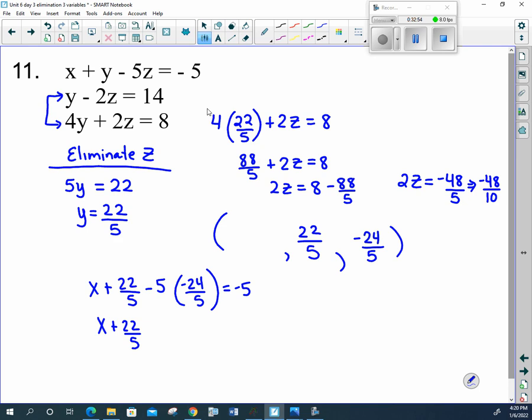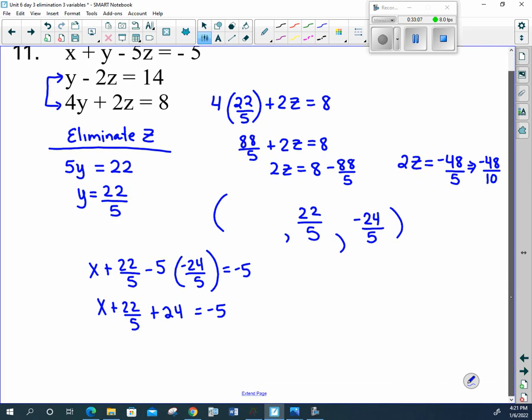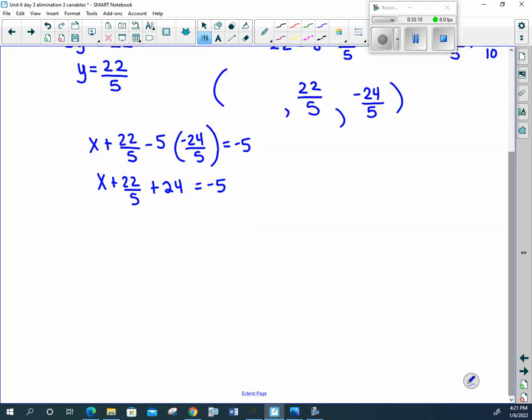And then a negative 5 times a negative 24 over 5 is a plus 24. And that's going to equal a negative 5. We're going to subtract the 24 since it's just an integer. And that's going to give me x plus 22 over 5 equals negative 29.